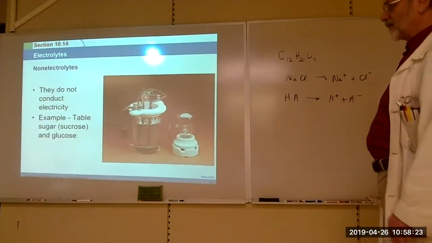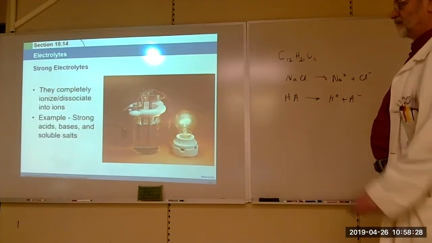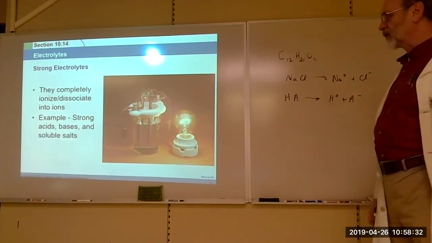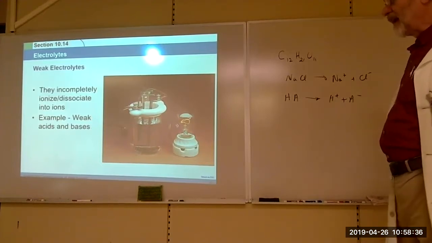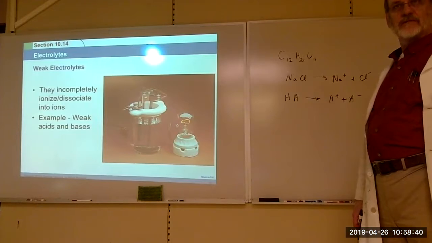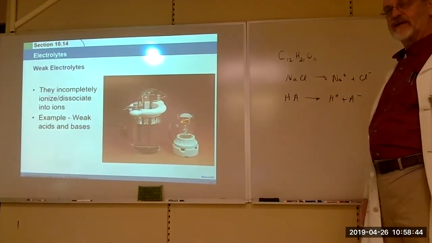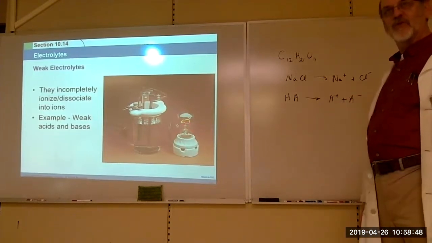There's a non-electrolyte, there's our sucrose, no light bulb. Strong electrolyte like hydrochloric acid or sodium chloride. Weak electrolyte like acetic acid, hydrofluoric acid or hydrocyanic acid. They're all weak, so they'll light a little bit, but not much.